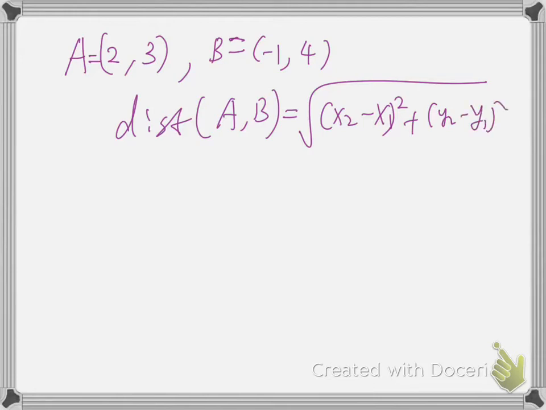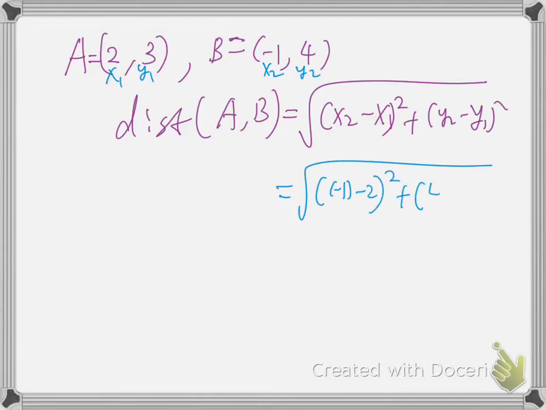So what's x1, x2, y1, y2? Let's label them. This is x1, y1, the first point. This is x2, y2. Now plug in: x2, -1, minus x1, 2 squared, plus y2, 4, minus y1, 3 squared.